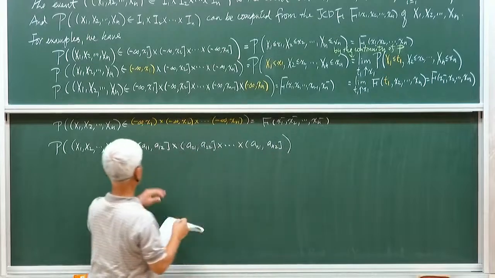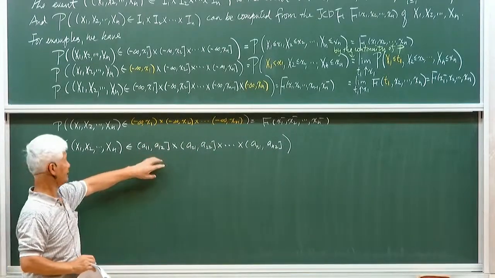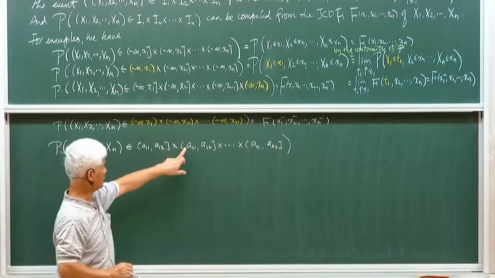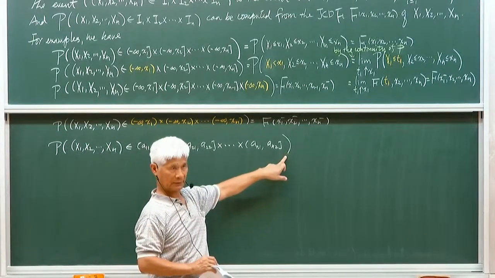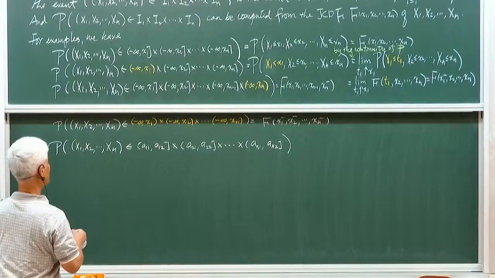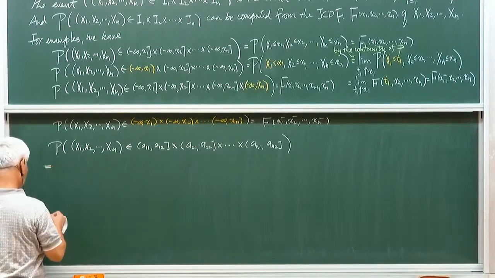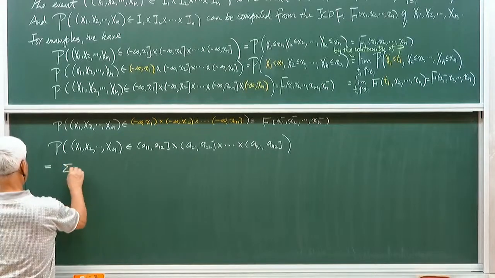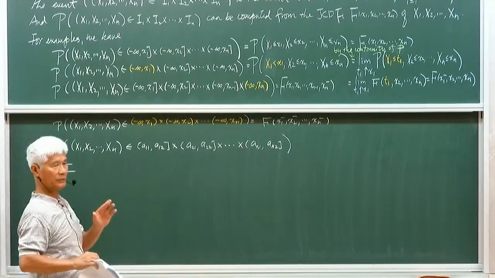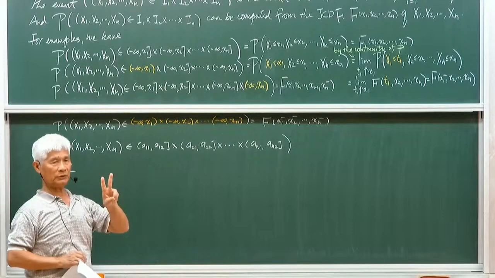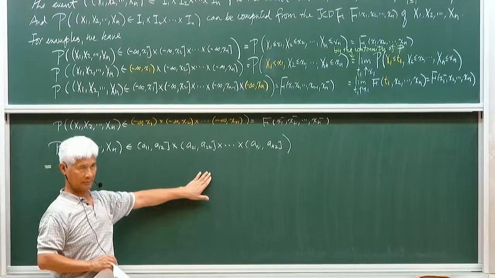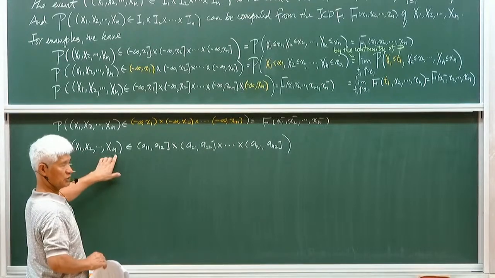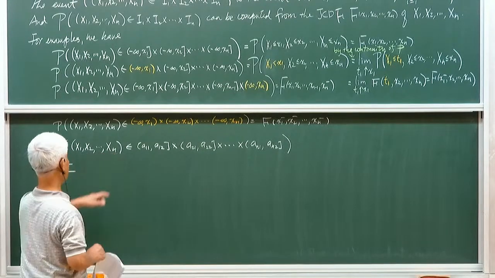So that's I1: left open, right closed, left open, right closed. If we have that, then it's very interesting. As we know, if n equals 2, there are 4 terms. So how about when we have general n?